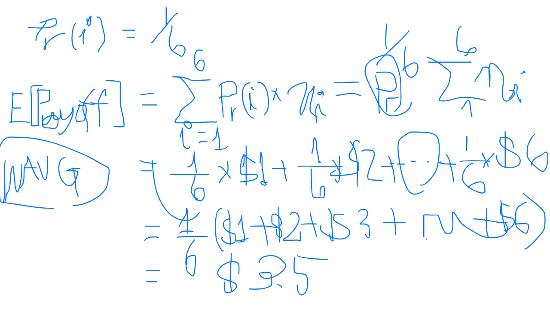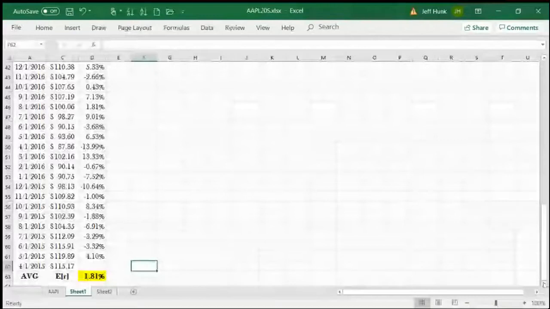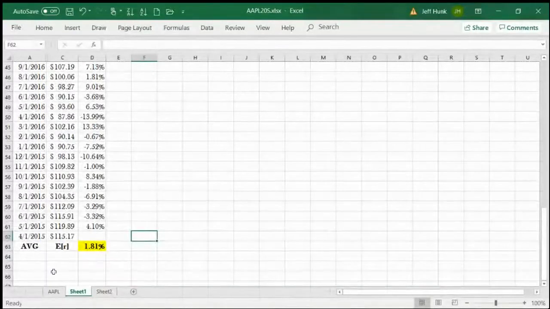In this case, let me go back to the application, go back to Excel. So now this is why it's called expected return.